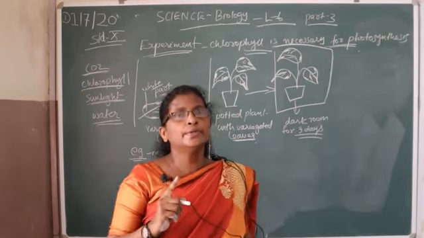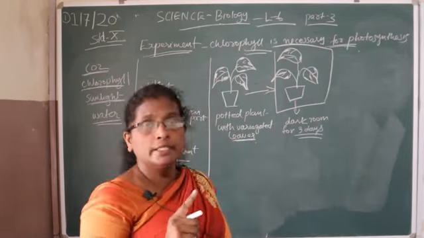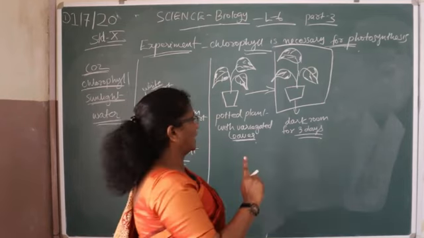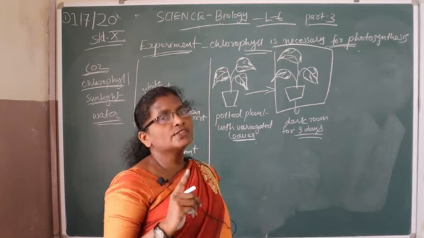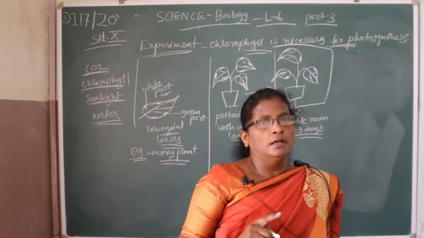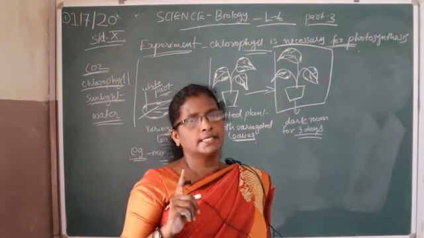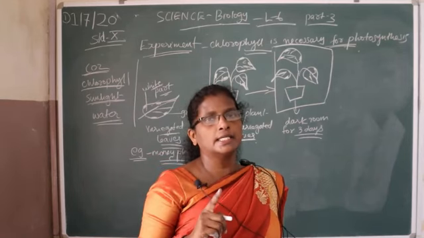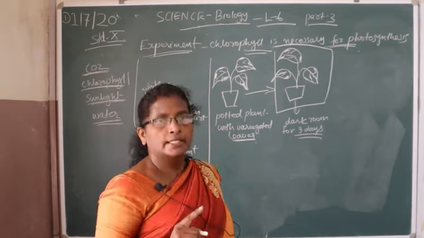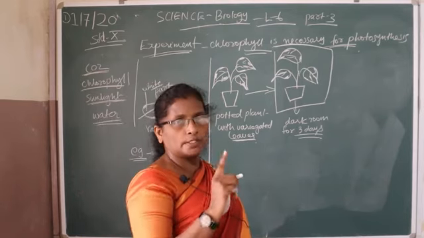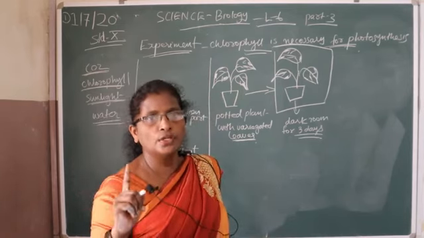Students, do you know why we keep these potted plants in a dark room for 3 days? The reason is that the previously synthesized starch in the leaves is completely used up. For that reason, we keep the potted plants in a dark room for 3 days.